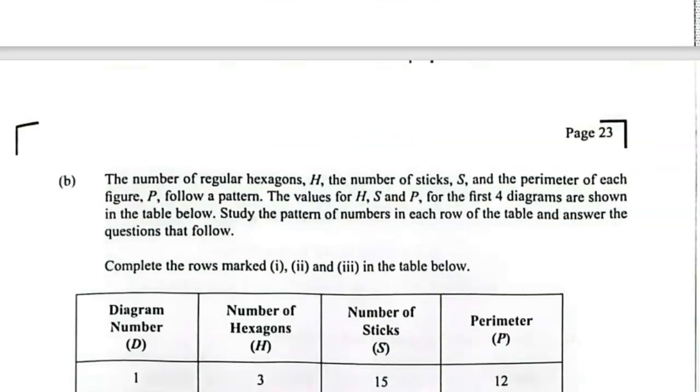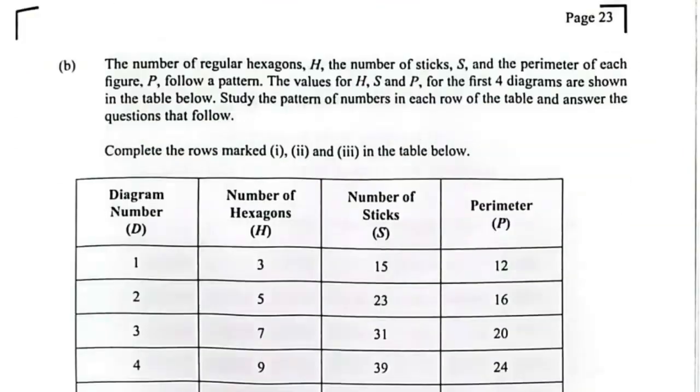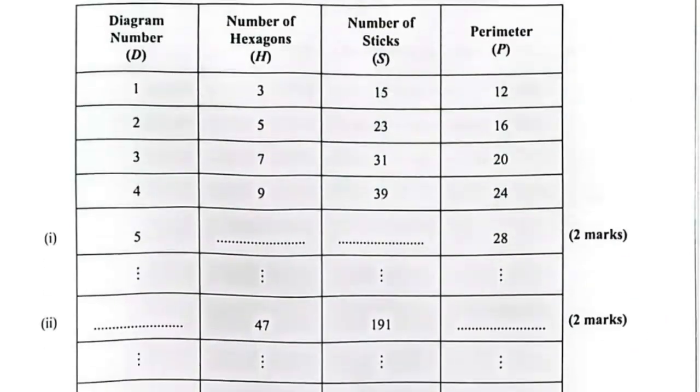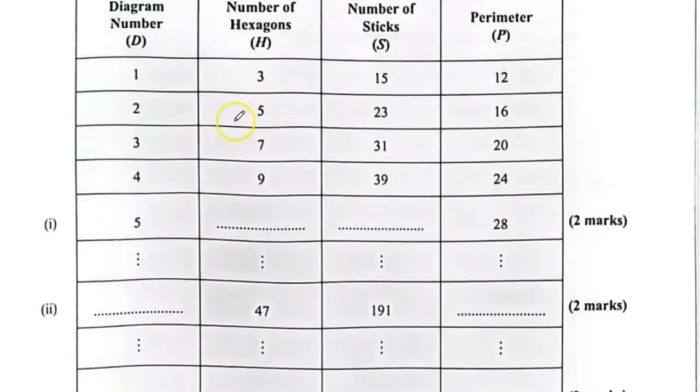Alright, next, the number of regular hexagons H, the number of sticks S, and the perimeter of each figure should follow a pattern. And we can see the pattern here. Let's look at the pattern. So for the hexagons here, notice they are increasing by 2.